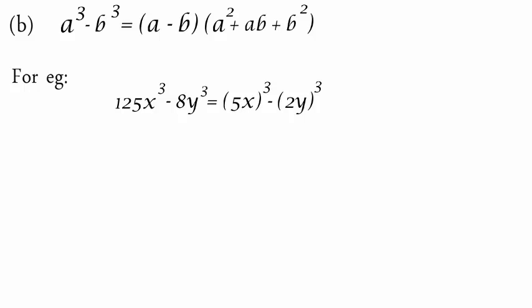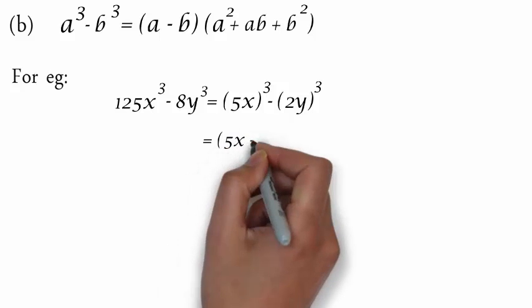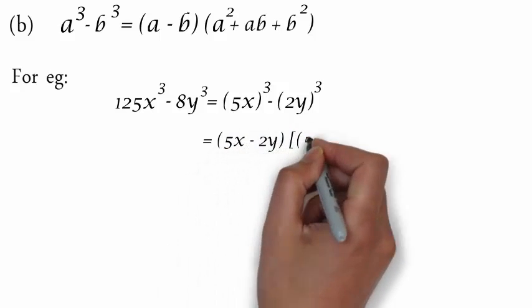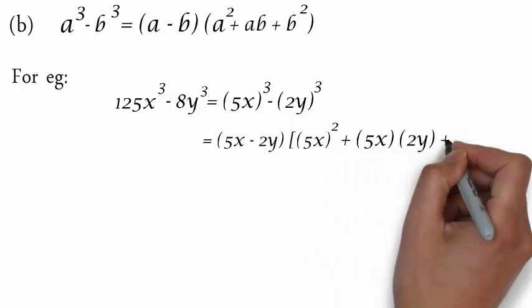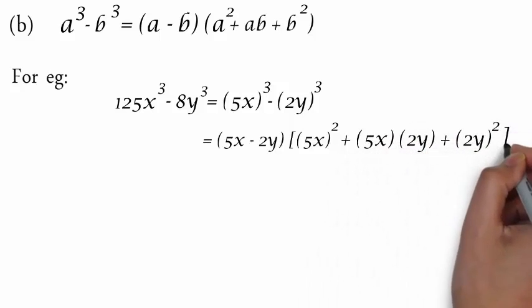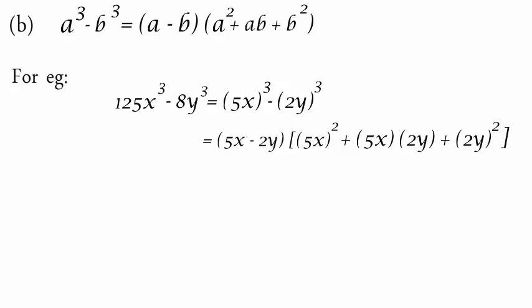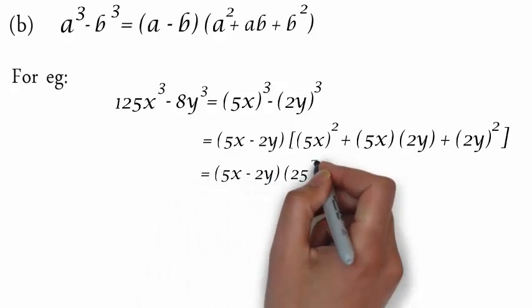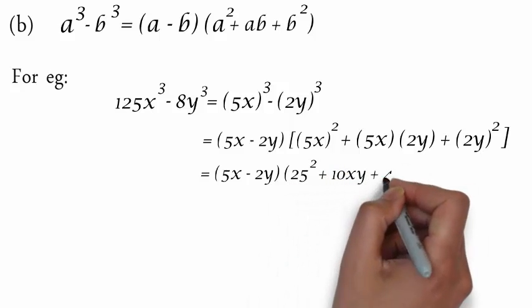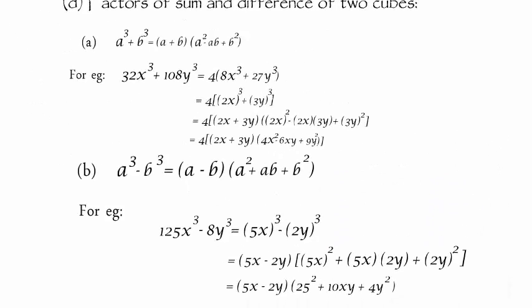Now it is in the a³ - b³ format, which is equal to (5x - 2y)((5x)² + 5x·2y + (2y)²). We can simplify this. (5x - 2y)(25x² + 10xy + 4y²).